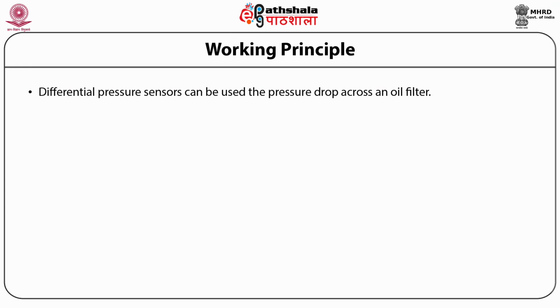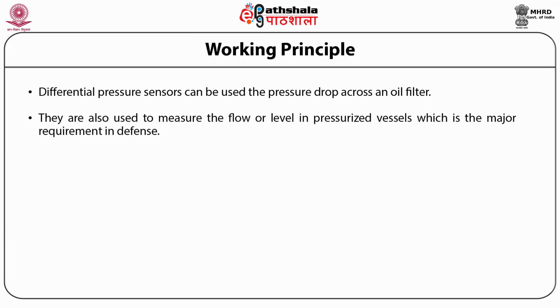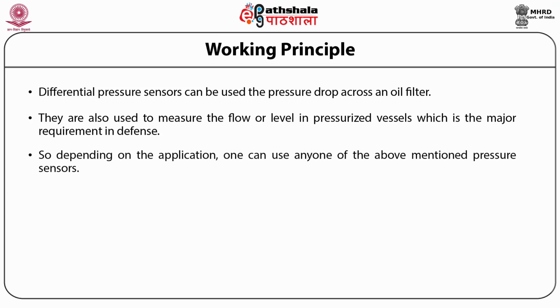Differential pressure sensors can be used to measure the pressure drop across an oil filter. They are also used to measure the flow in pressurized vessels in a non-intrusive, or you can say required, manner in defense applications. So depending on the application, one can use any one of the above mentioned pressure sensors.